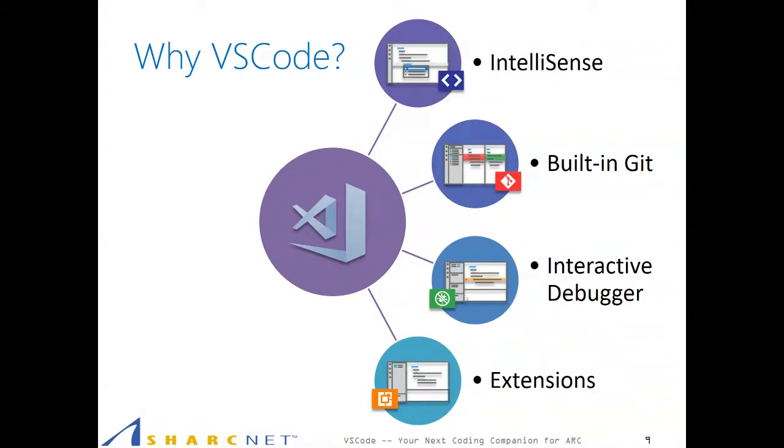But the things that make Visual Studio Code, in my opinion, better than Atom, which is more or less the same, first is the integrated debugger, and the other one is that Atom is kind of slow. If you are using it, you can realize that even doing normal editing takes a while in Atom.